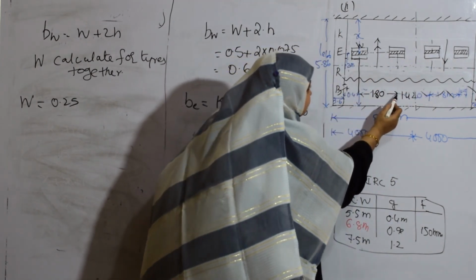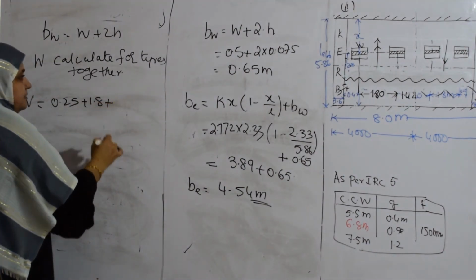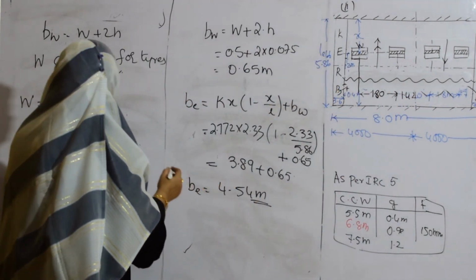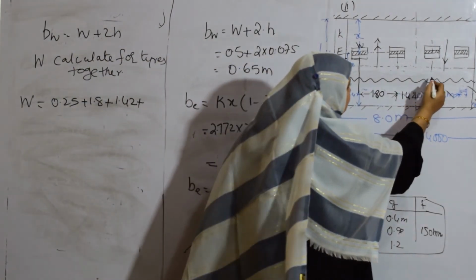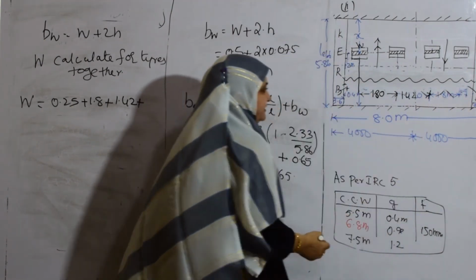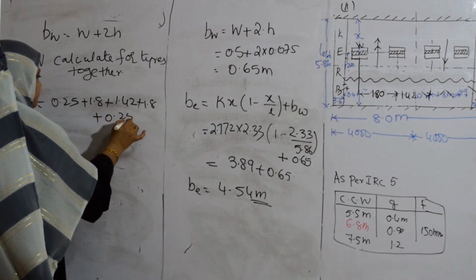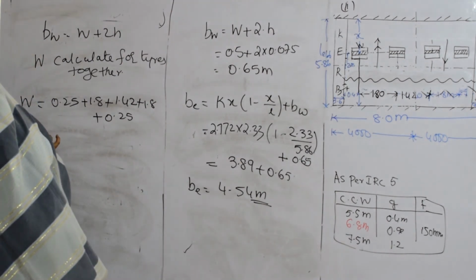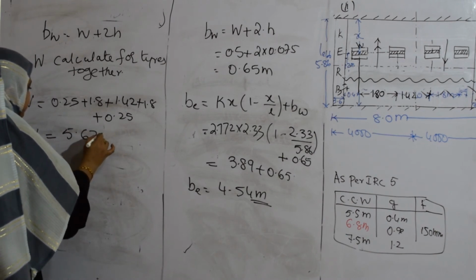Then this center to center distance is 1.8, plus center to center distance is 1.42, plus, I am here now. 1.42 means I am here. Then again 1.8 plus 0.25. So 4 tires together. So this comes out to be, BW comes out to be 5.67 meters.